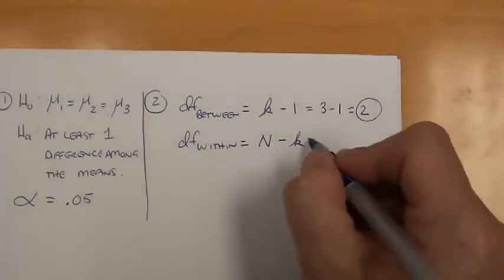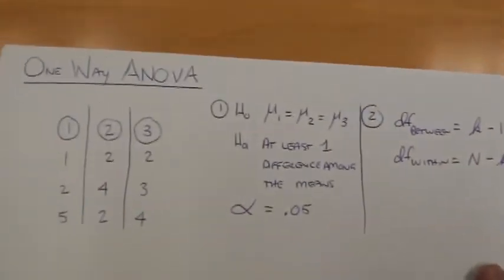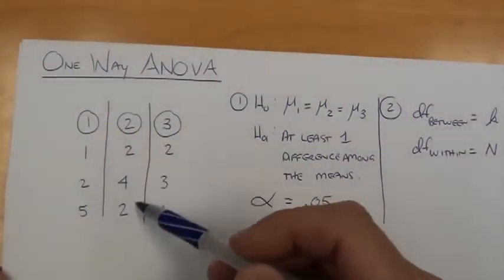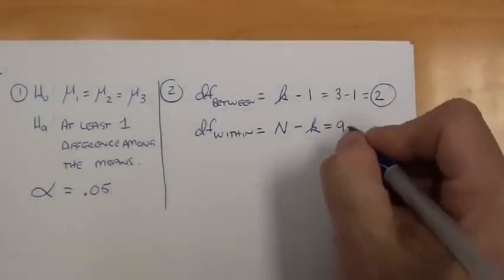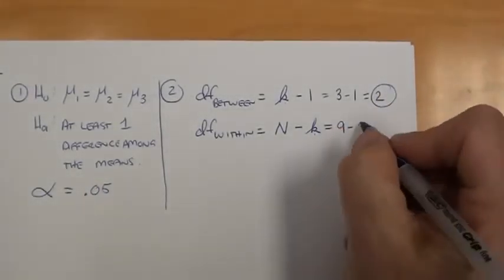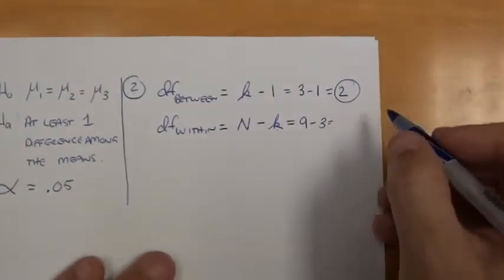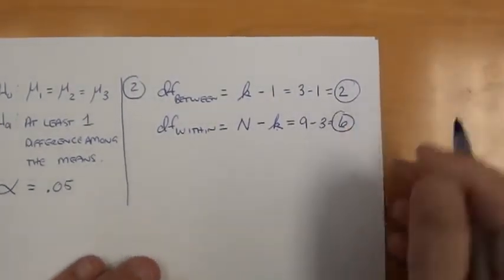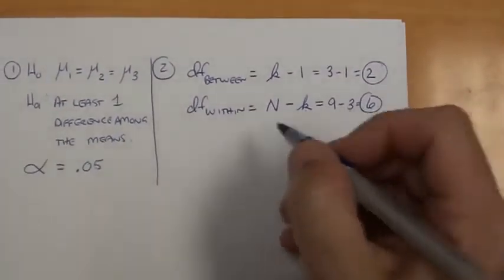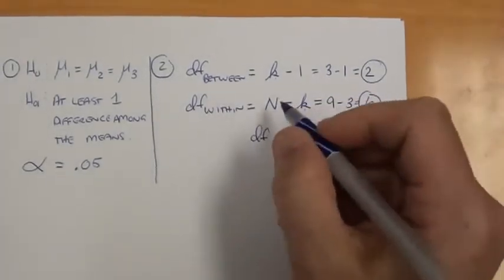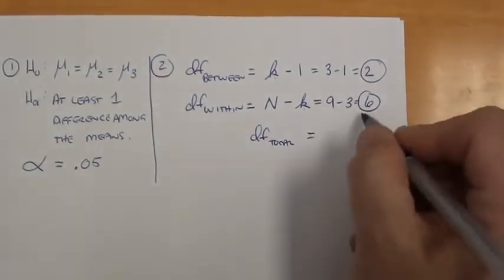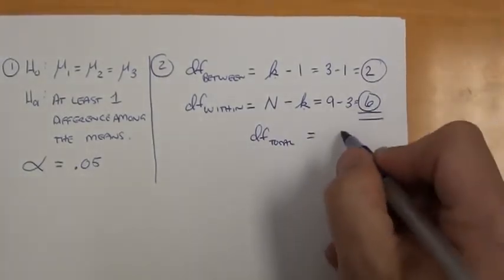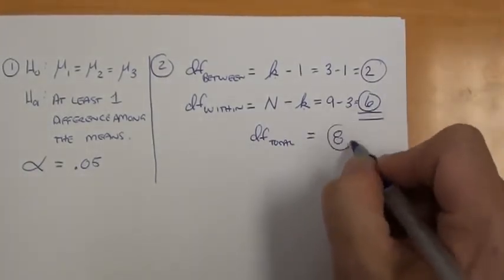So if we look at our data, we have 3, 6, 9 total values, and we have 3 conditions. So our degrees of freedom within is equal to 6, giving us a total degrees of freedom, if we add up over here, 6 plus 2, of 8.